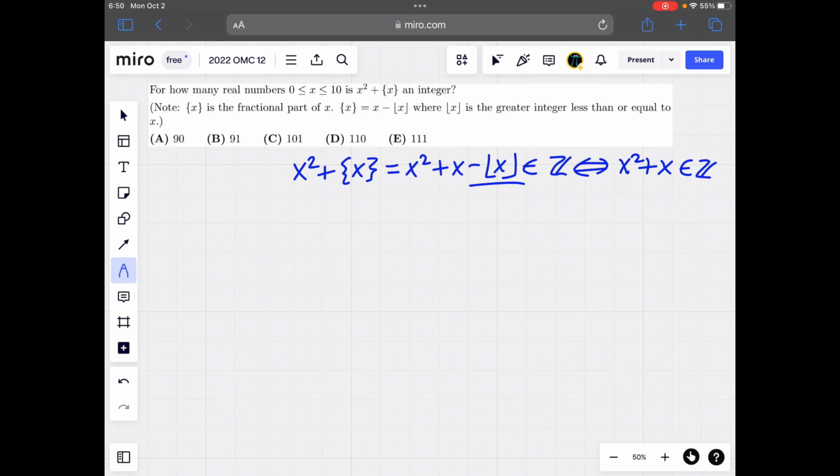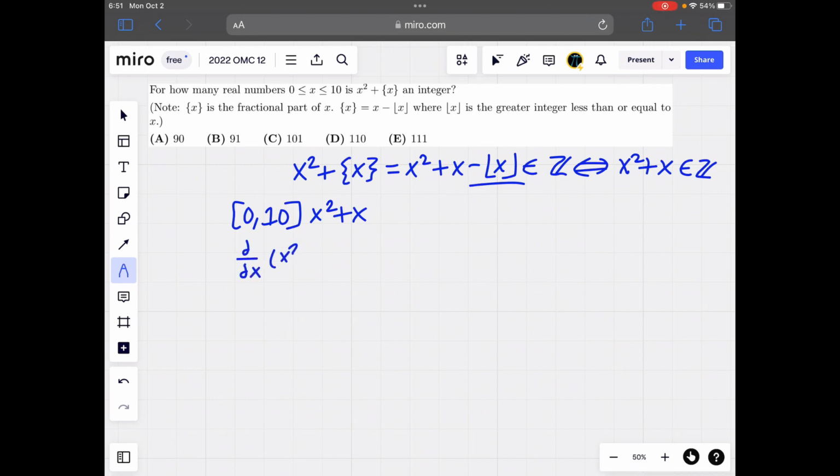So it remains to find the number of values of x between 0 and 10 for which x squared plus x is an integer. To do that, we need to find the minimum and maximum values of x squared plus x for x between 0 and 10. We can confirm that on the interval 0 to 10, the function x squared plus x is strictly increasing by using d over dx.